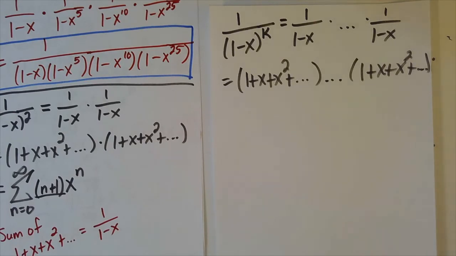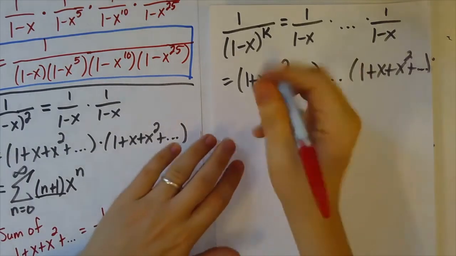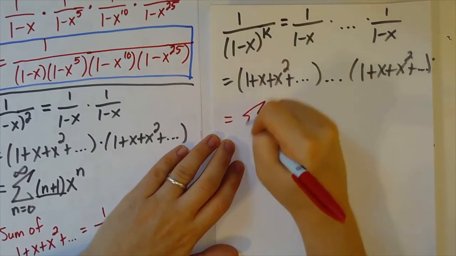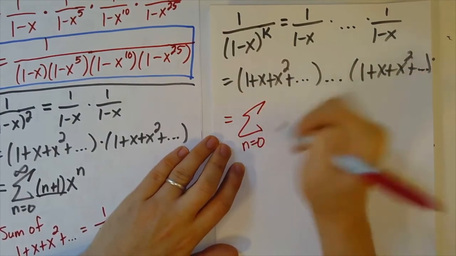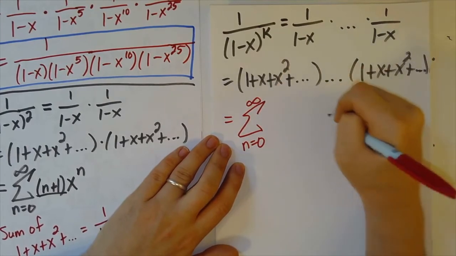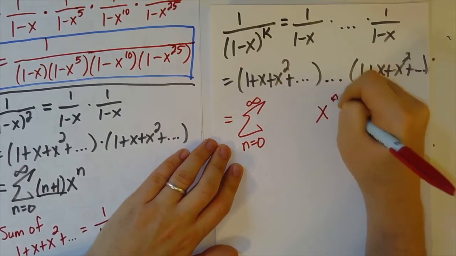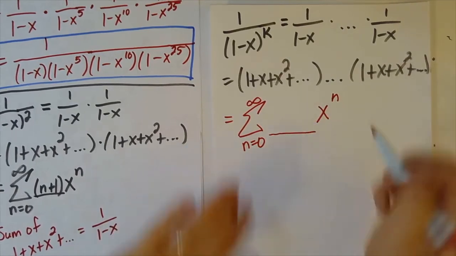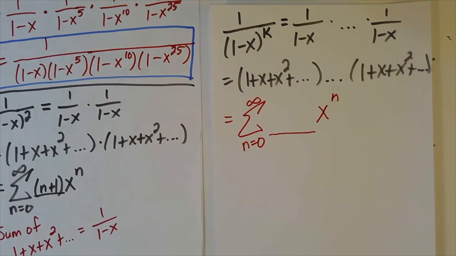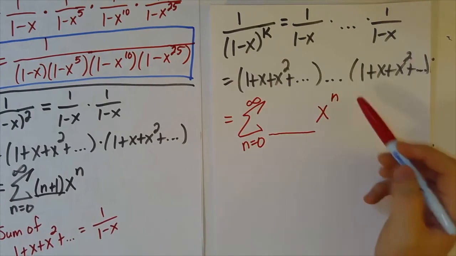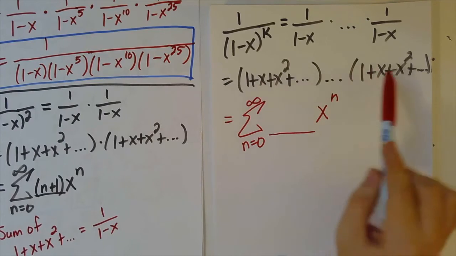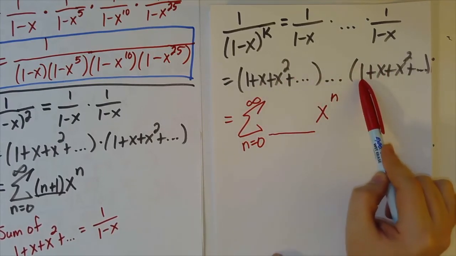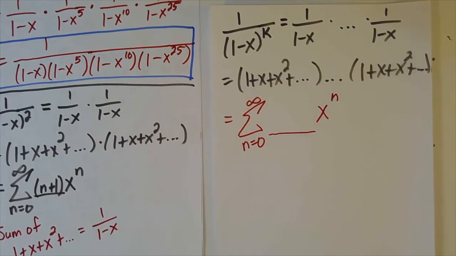And I again want to imagine that what we're doing here is we're going to recollect all of this as something times x to the n for each n. And so we've got to figure out what goes here. So I'm asking how many ways are there to choose a power of x from each of these terms to multiply together to be x to the n.